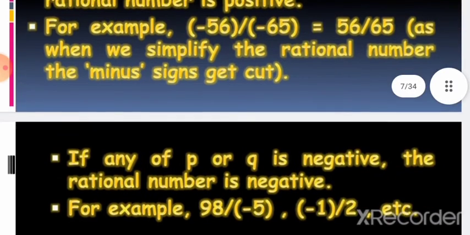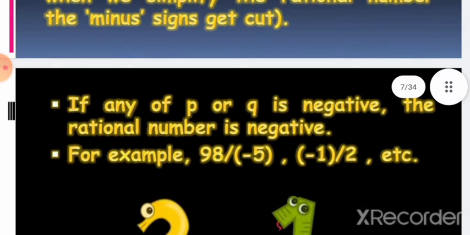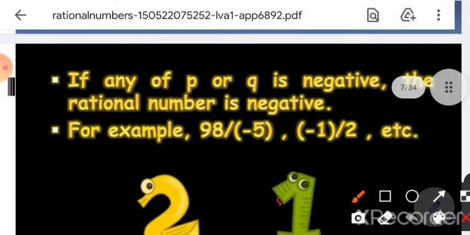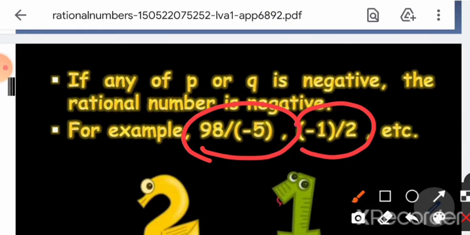And the second is a negative rational number. If either the denominator or the numerator is negative, it is a negative rational number, like minus 98 upon 5 and minus 1 by 2.